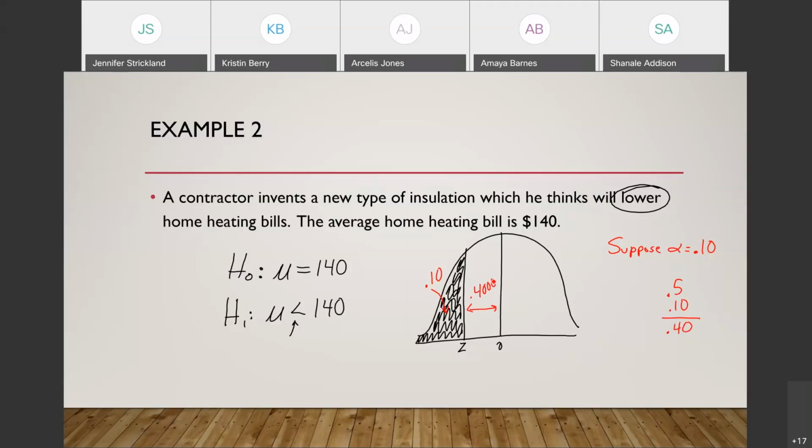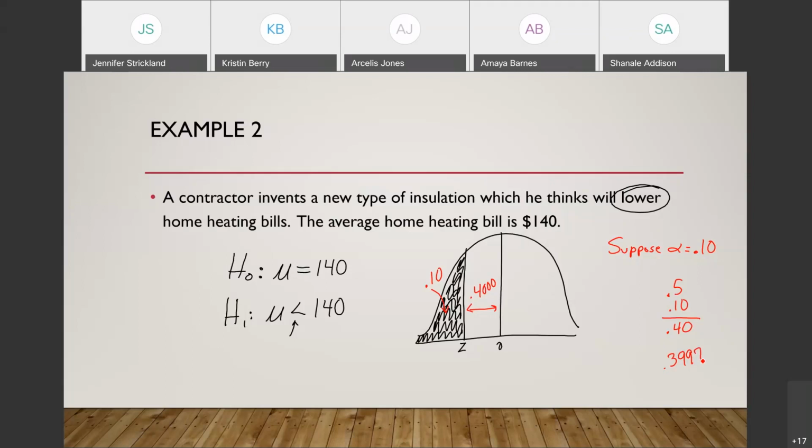Then you're going to find the closest thing to it in the middle of the table. 3997. Yeah, so I was thinking 3917. And that z-score that goes with 3997 is 1.28.